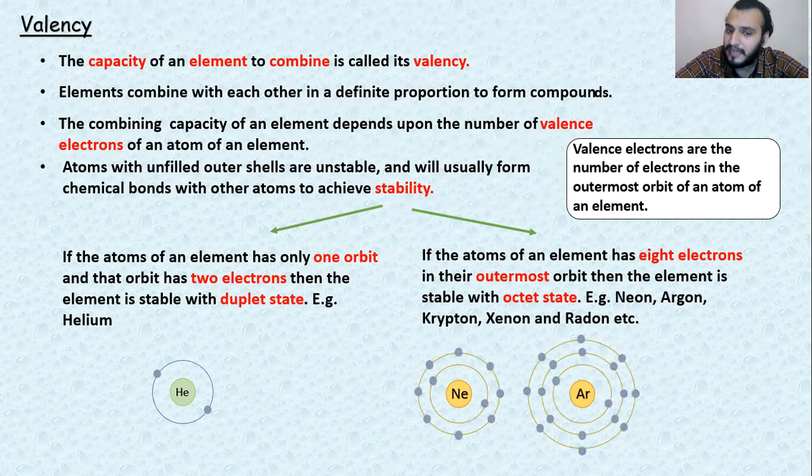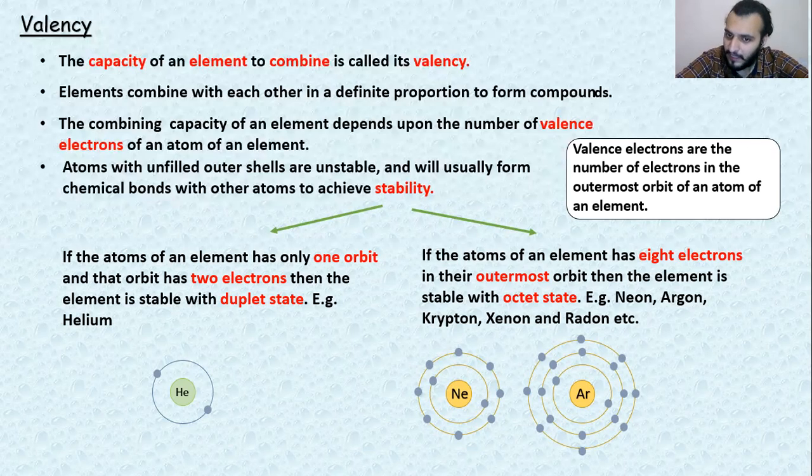And if the atom contains 8 electrons in the outermost shell, its octet gets completed and it becomes stable. So an example of duplet is helium, as you can see on the screen. It has one shell and two electrons. Examples of octet are neon and argon. As we can see in neon, the outermost shell, which is the second shell, has 8 electrons. So we can say the octet of neon is complete and it is stable.